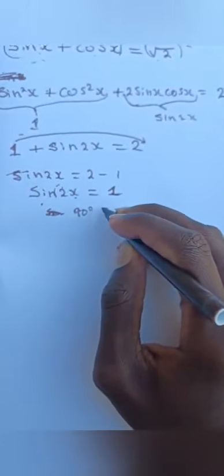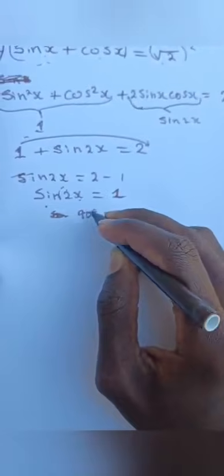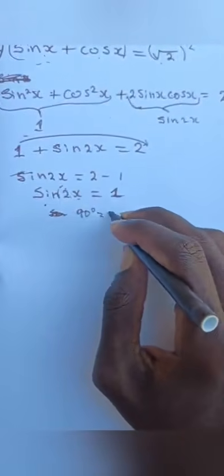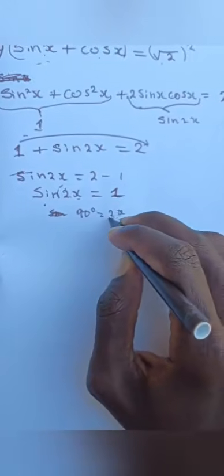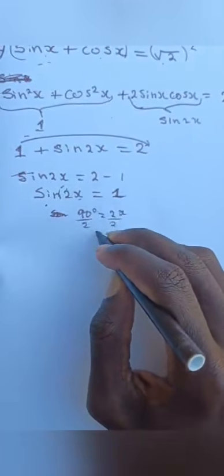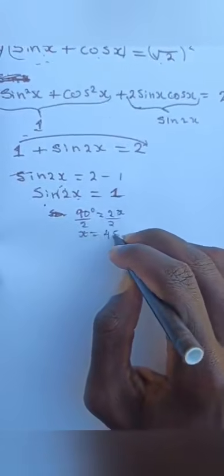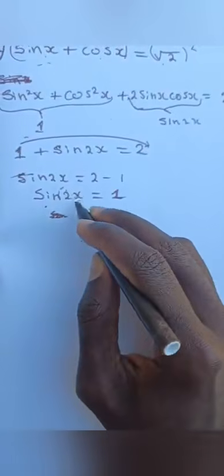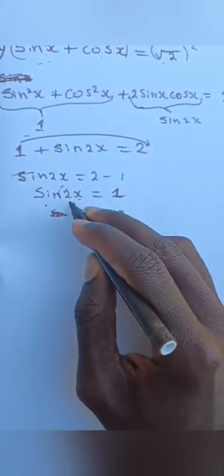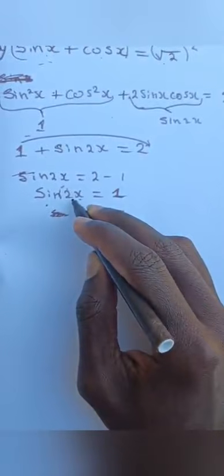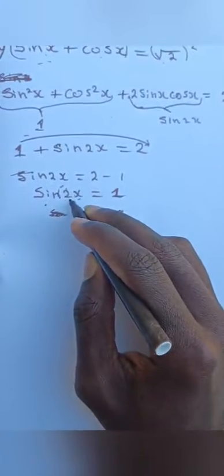Now, since there is 2 here, you say 2x divided by 2, divided by 2. So the value of x is going to be 45, meaning that here we have to put 45 degrees as our theta. Makes sense, right?